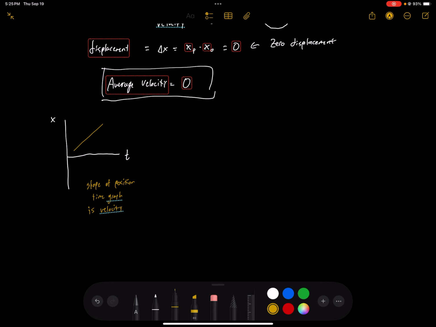They have a constant slope. So if I were to sketch the velocity time graph that corresponds to this position time graph, it'll just be a horizontal line, corresponding to some positive value for the velocity. Whatever that slope is, it doesn't change, so it's just a constant.